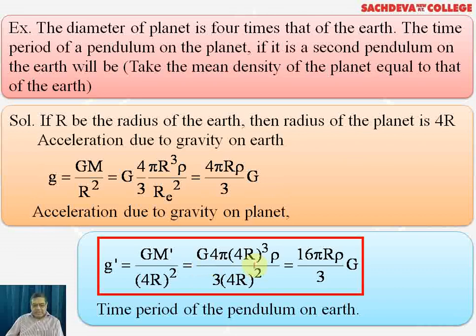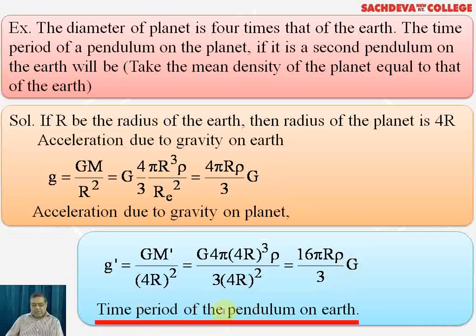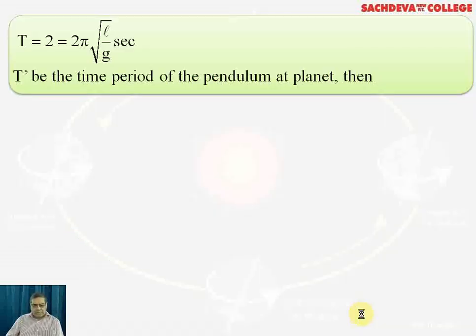So g dash is GM dash over (4r) square, and it is equal to G as it is, and the remaining value will be of the density. So we have computed that value, and the final result will become 16 pi r rho over 3 into G. The time period of the pendulum on the Earth is 2 equals 2 pi under root L over g.